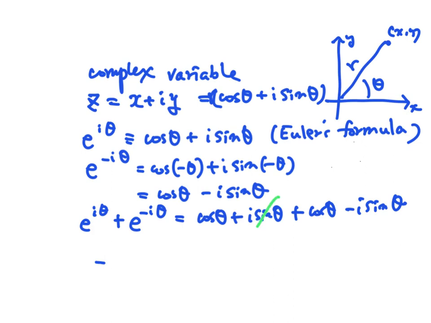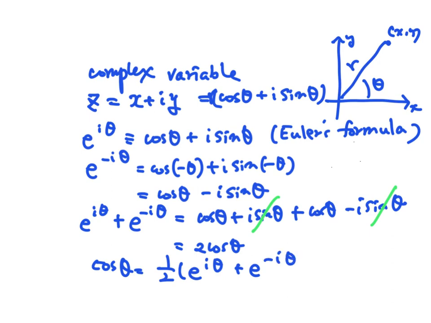So naturally they cancel each other. It's twice cosine theta. So cosine theta can be written as 1 over 2 times exponential i theta plus exponential minus i theta.